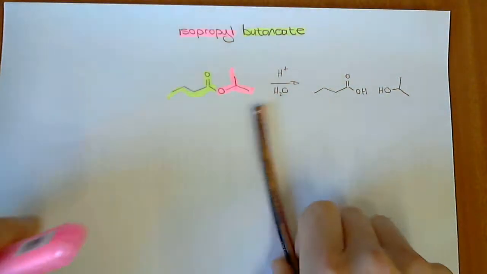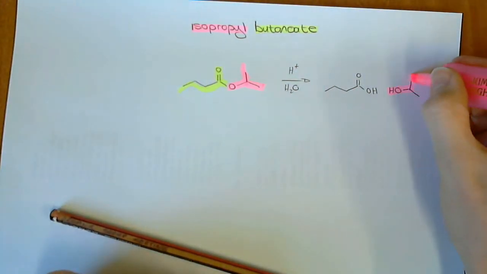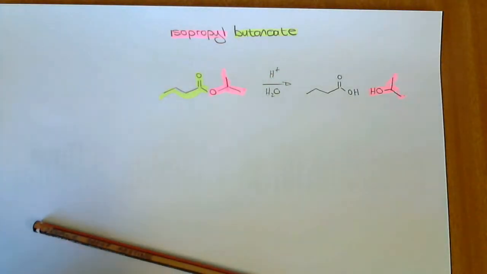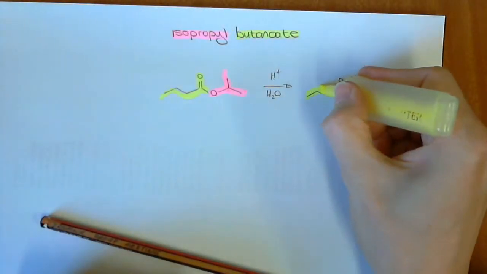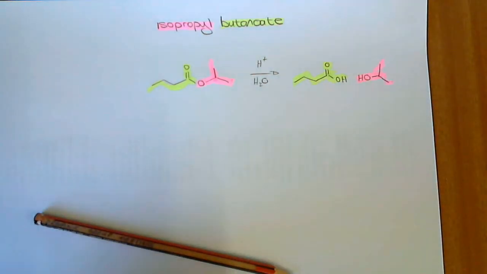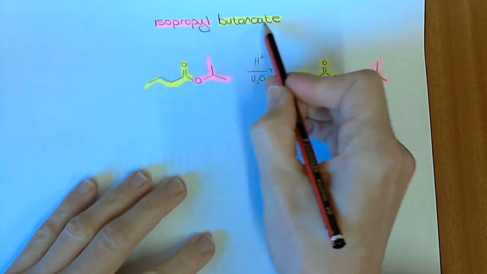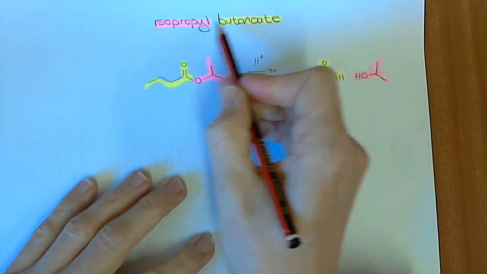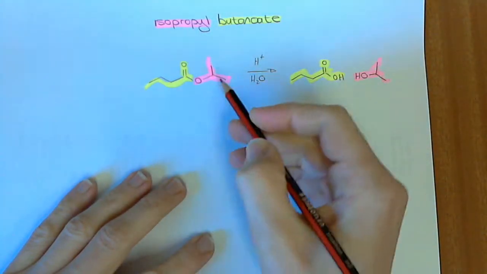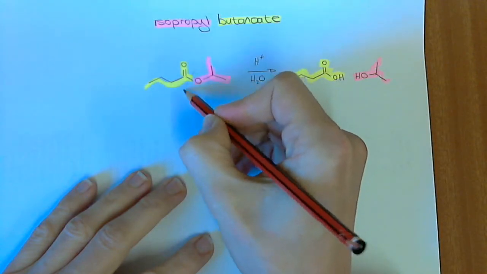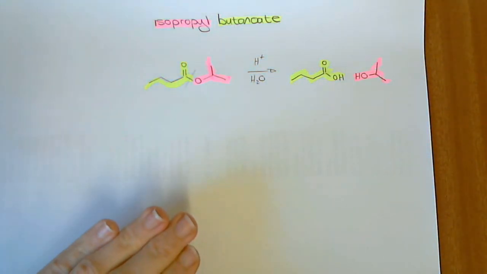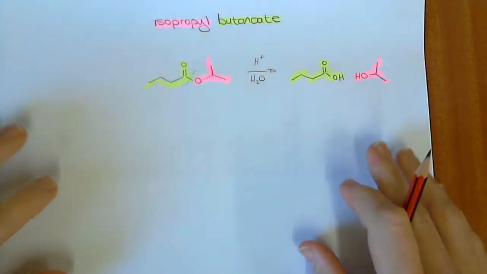You see how in the names, if we hydrolyze an ester, what we're getting is the first part, so we get isopropanol and butanoic acid. It comes out of the name, so we can look at this and we should recognize this is the bond that we are breaking. Hopefully you can see a bit of this.